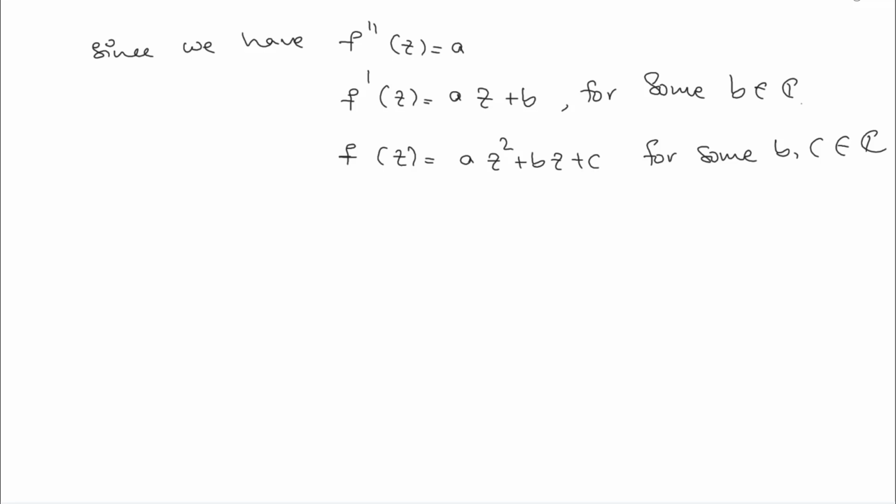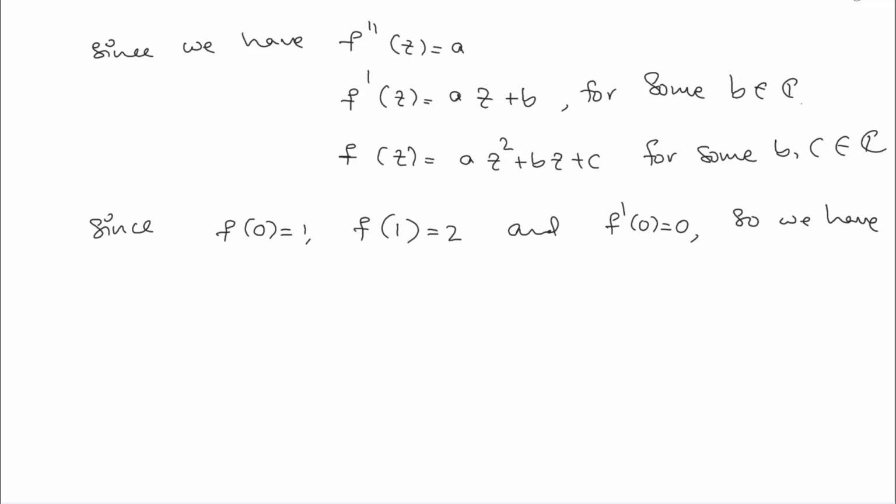So for that, since f of 0 equal to 1, f of 1 equal to 2, and f dash of 0 equal to 0, from the function f dash of z we have f dash of 0 is nothing but b, that equals 0.